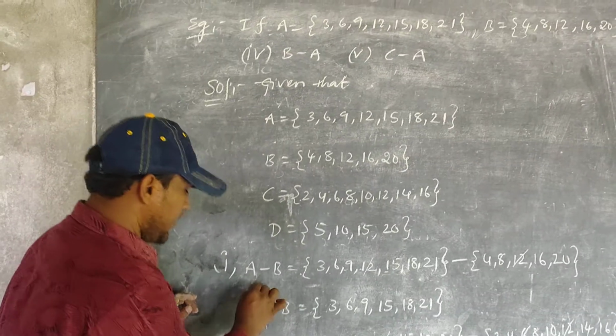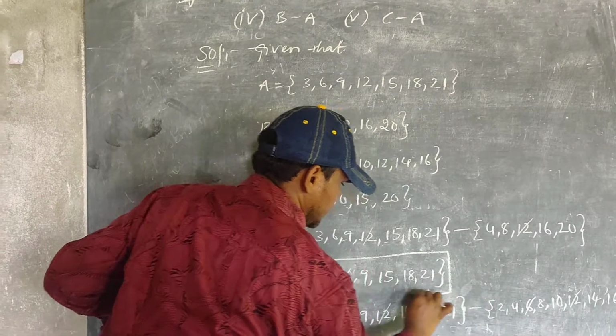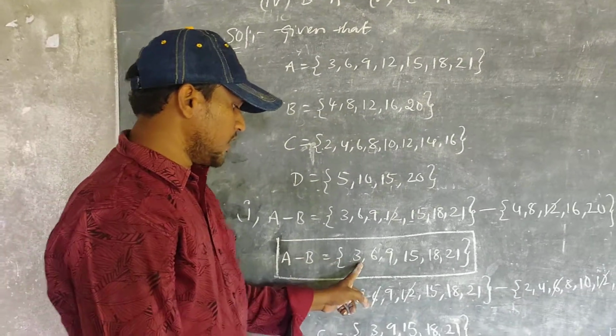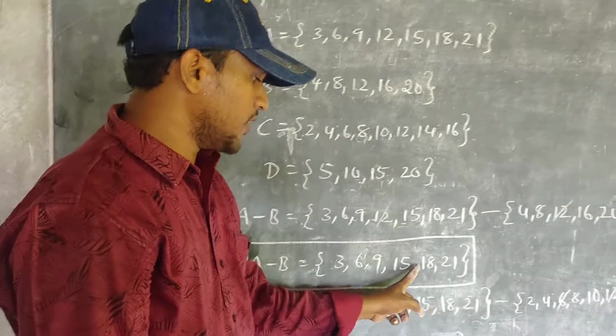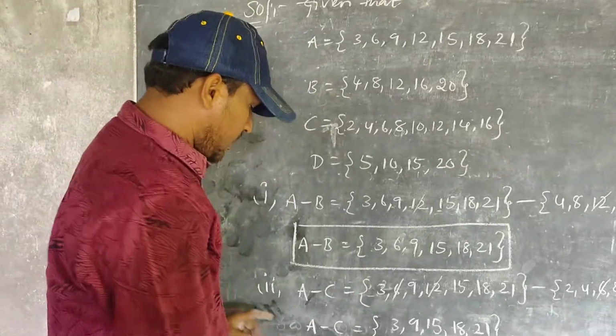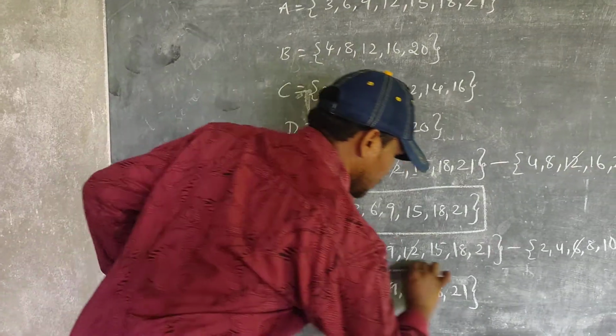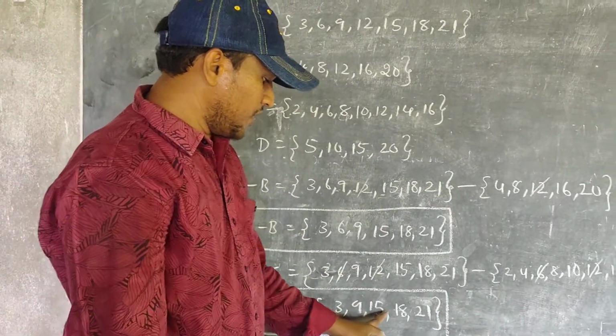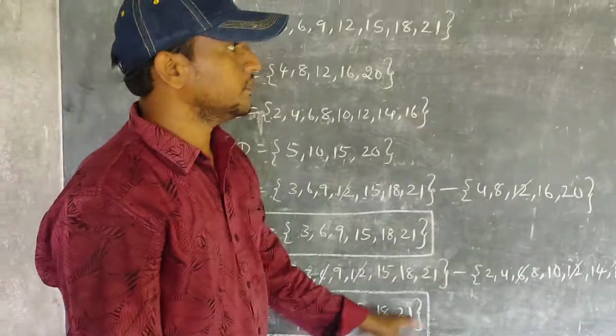First one, A minus B. What is the solution? 3, 6, 9, 15, 18, 21. Next one, A minus C. What is the solution? 3, 9, 15, 18, 21.